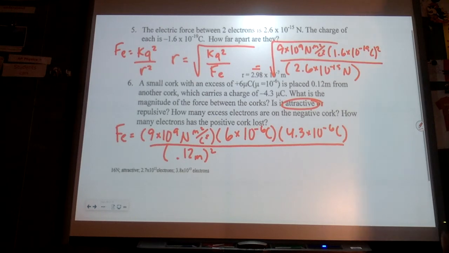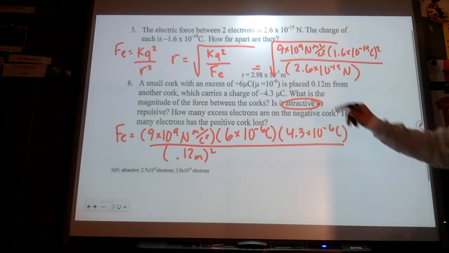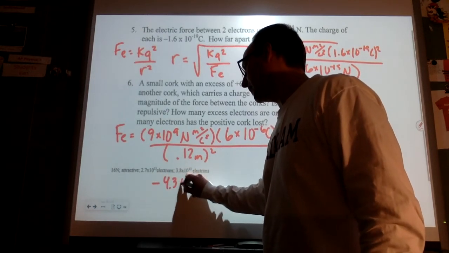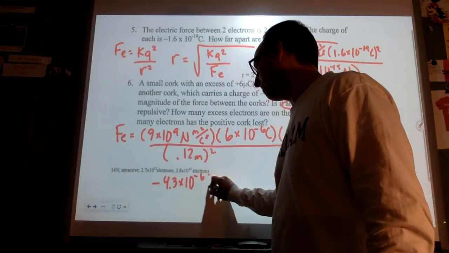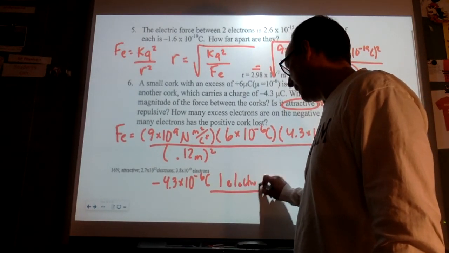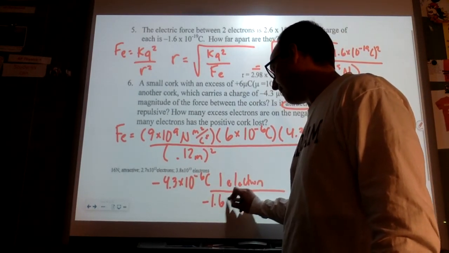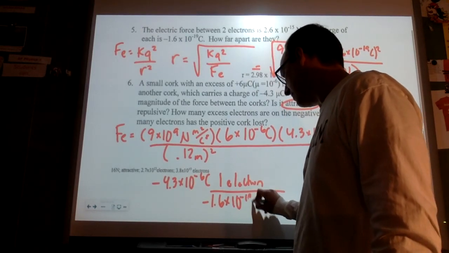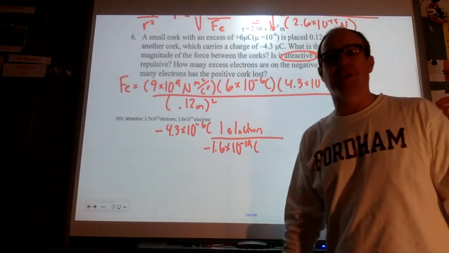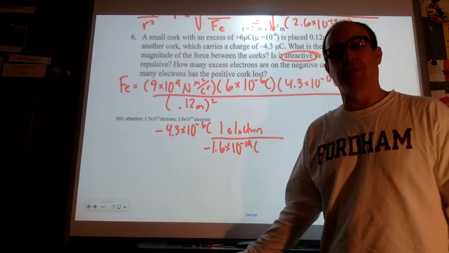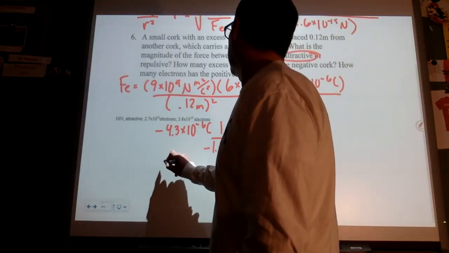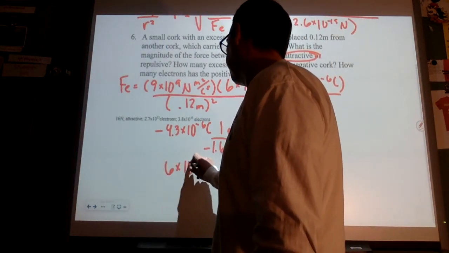To get how many extra electrons I have, I know that one electron is -1.6 times 10 to the -19 coulombs. So you might think of this as an equation too, but really it's just a conversion. You're converting from coulombs to electrons or protons.